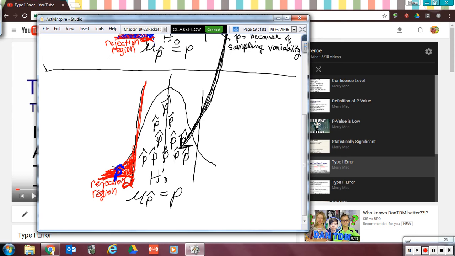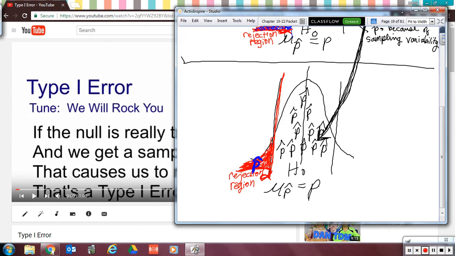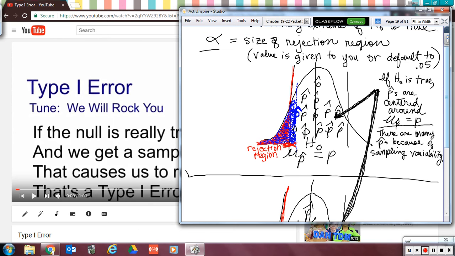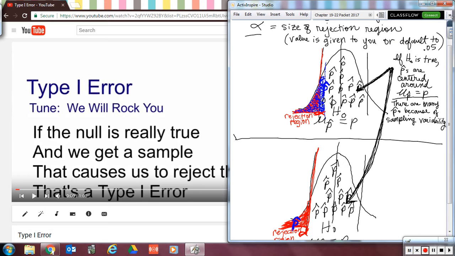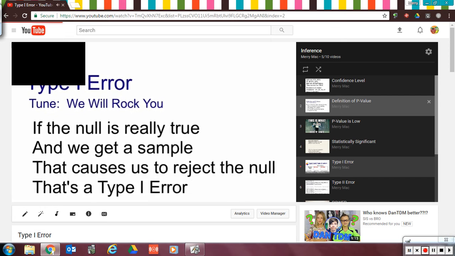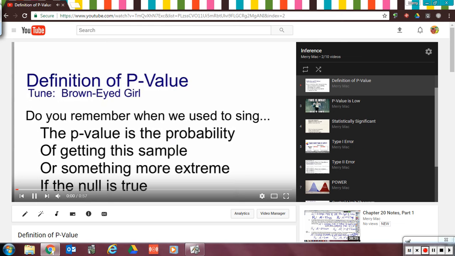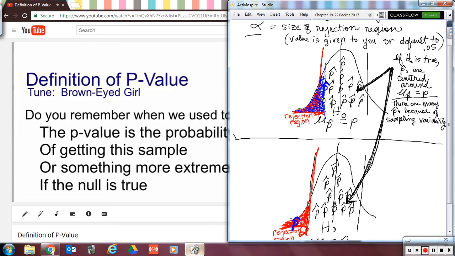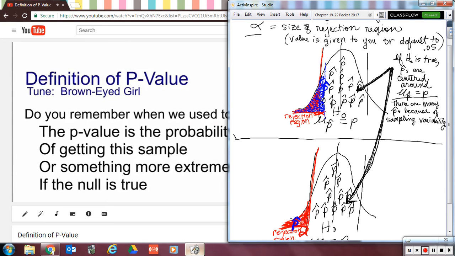Okay, so while you're drawing that, we'll look at that here and we'll sing our song. Okay, so let's visualize our p-value while we're singing the definition.